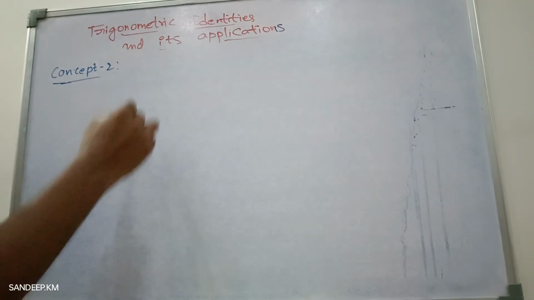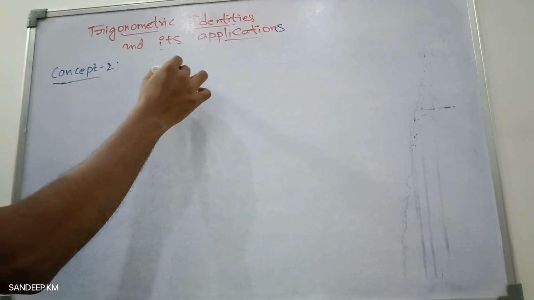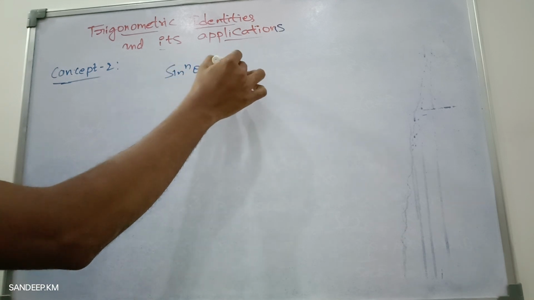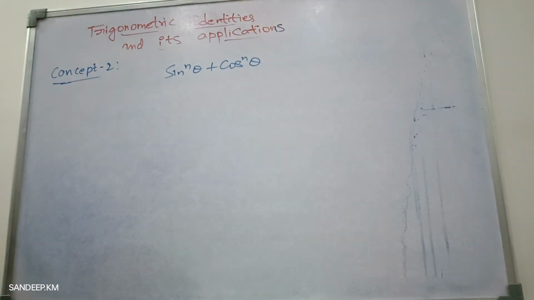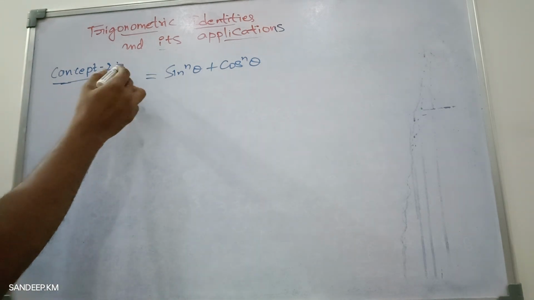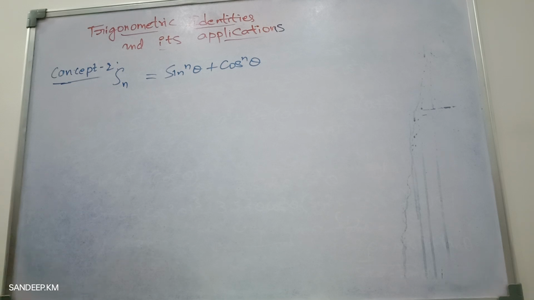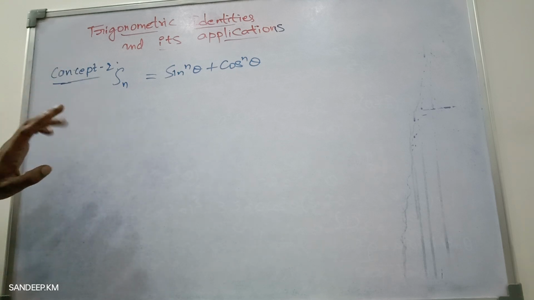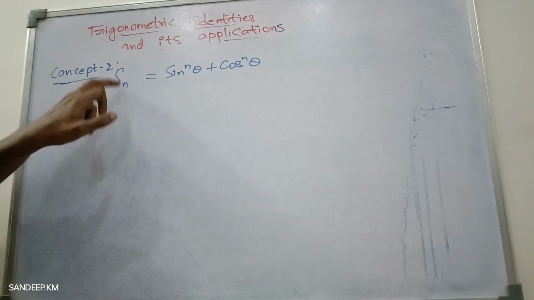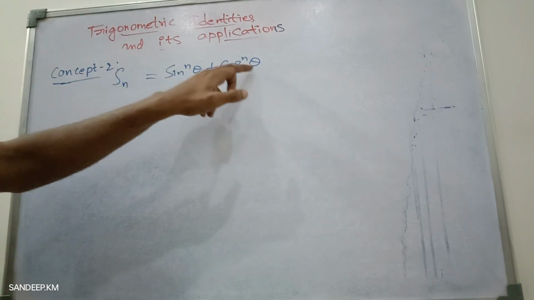Dear students, if you consider sin power n theta plus cos power n theta, let this be equal to S suffix n, or P suffix n, or whatever you want to take. What is the meaning of it? Here S suffix 2 means sin square theta plus cos square theta.